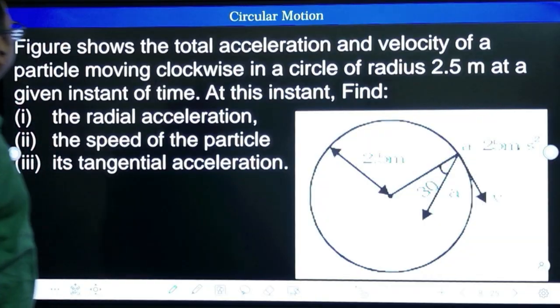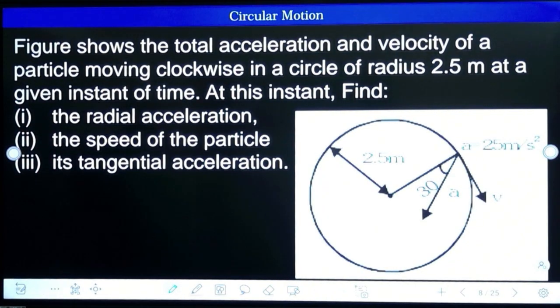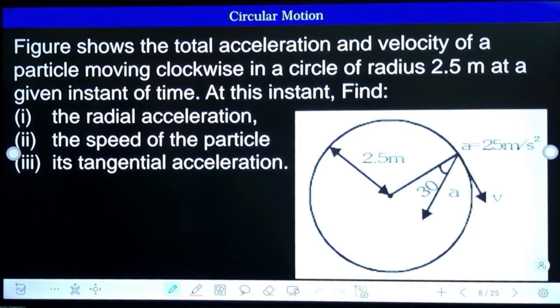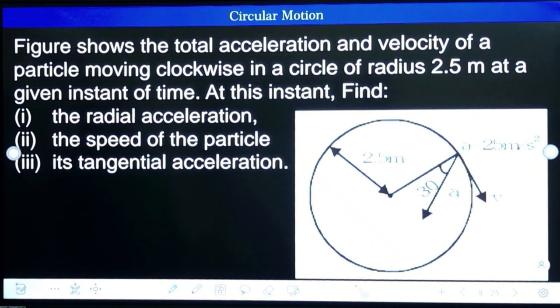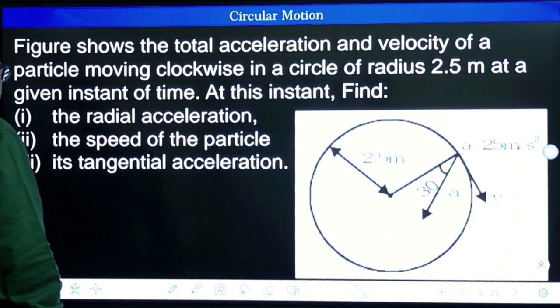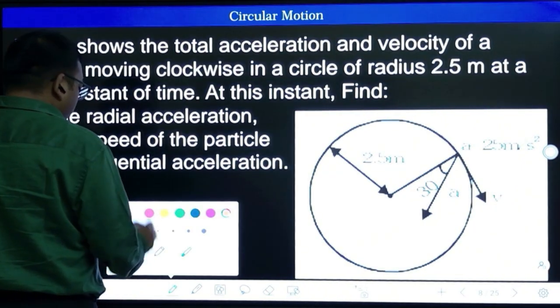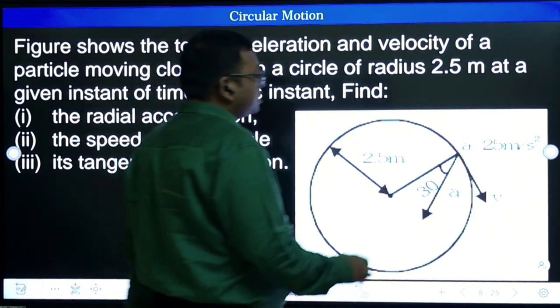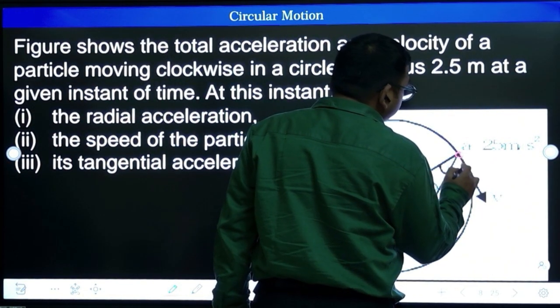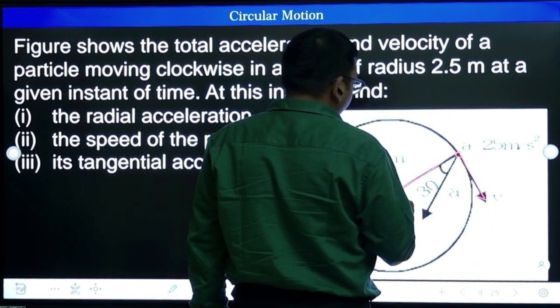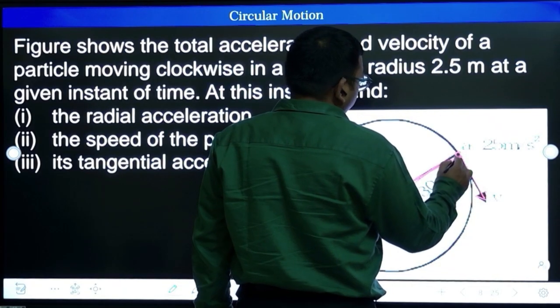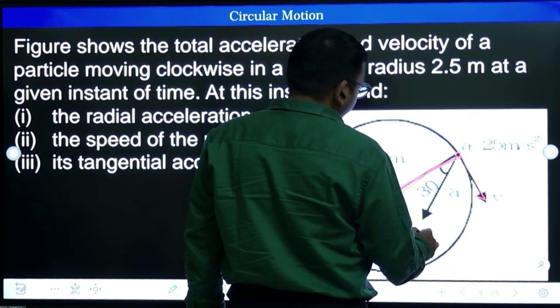Next. The figure shows the total acceleration and velocity of a particle moving clockwise in a circle of radius 2.5 meter at a given instant of time. We need to calculate at this particular instant. The velocity is in this direction, this is the radius, and this is the total acceleration, right?